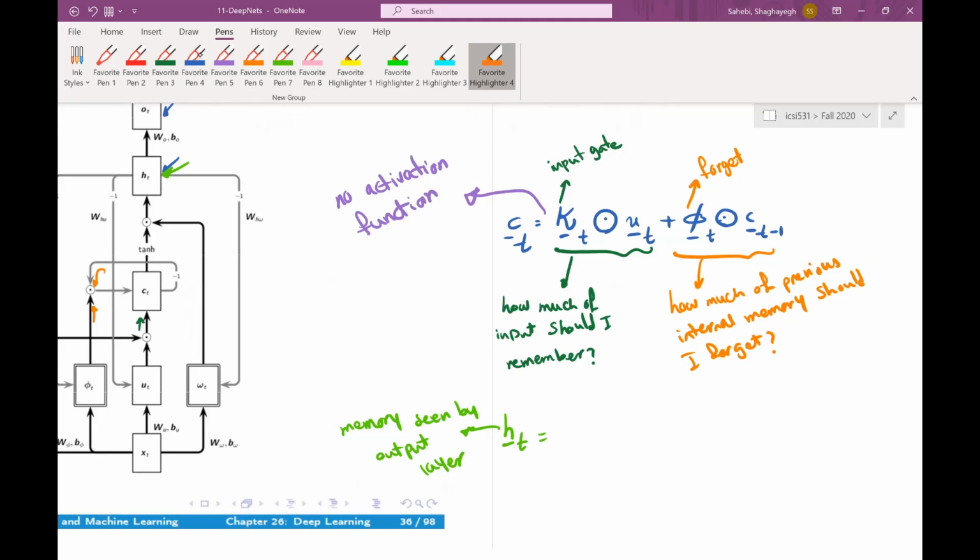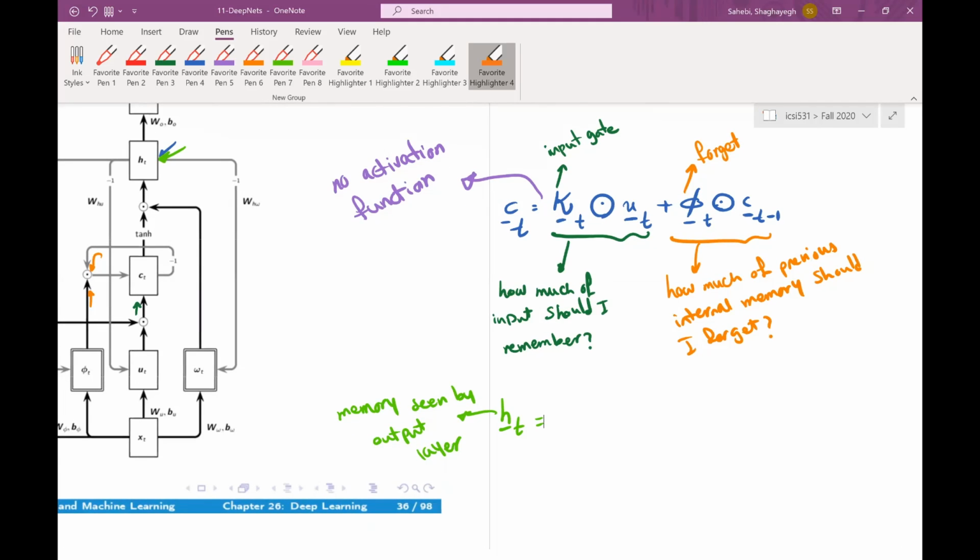One is the output gate: how much of the internal memory I want to use to write to the memory that the output is going to see.